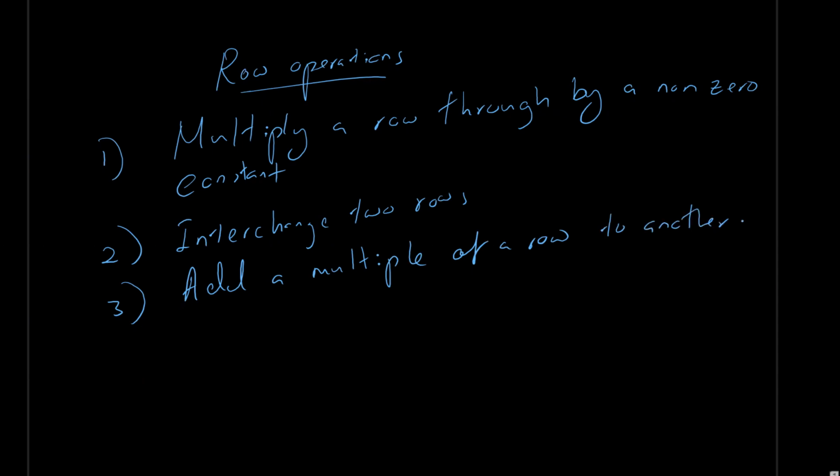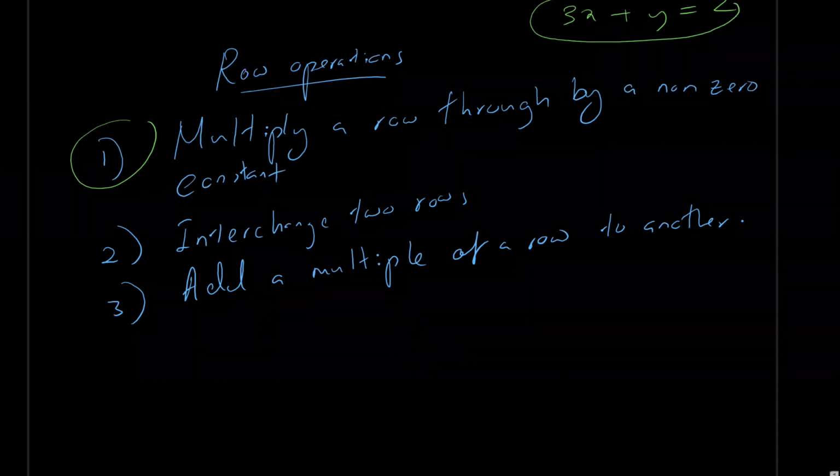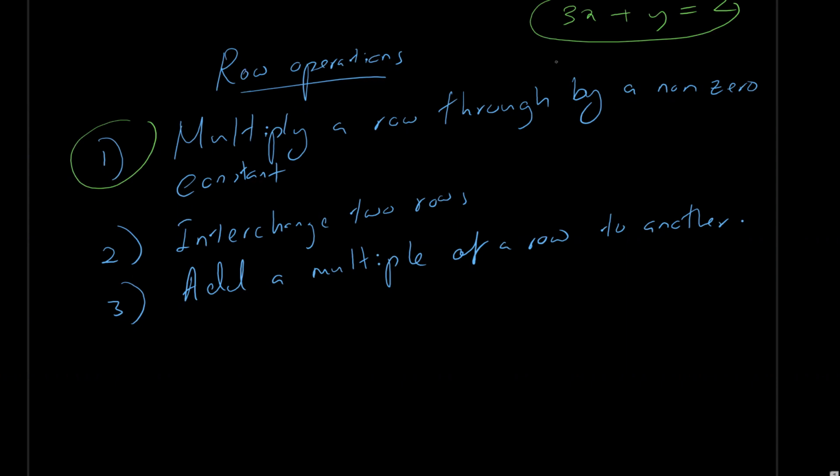Now, before we actually do that, let's have a look at these 3. What's going on here? Let's say multiplying a row through by a non-zero constant. What does this mean? Let's say 3x plus y equals 2. This equation is equivalent to this, or to this. Here I am multiplying the whole thing by 2.